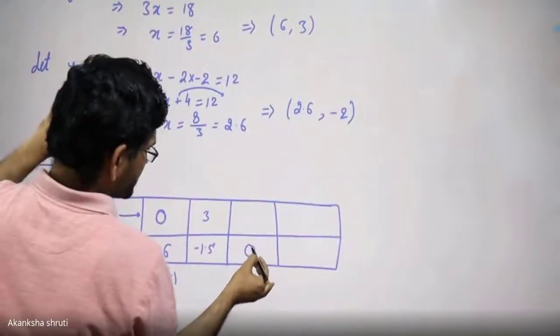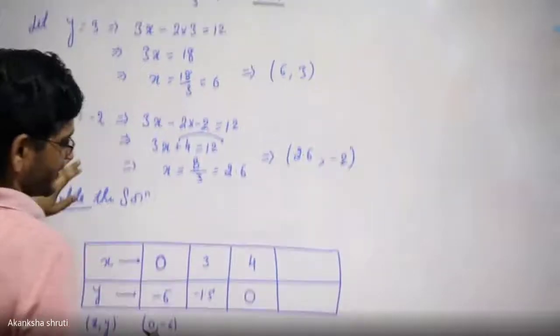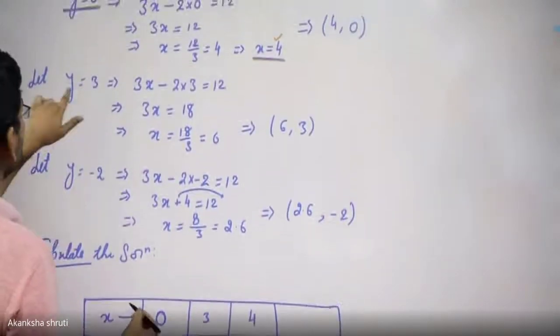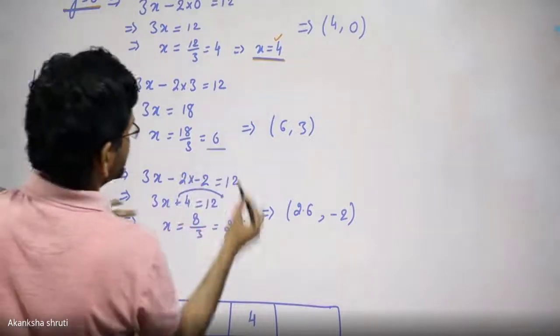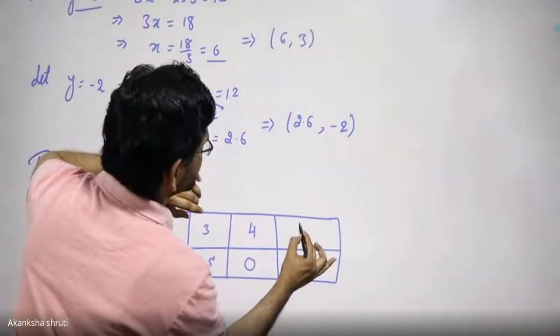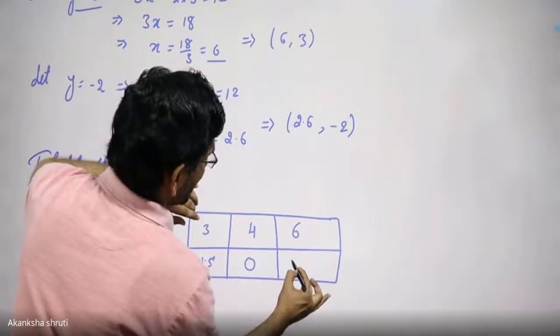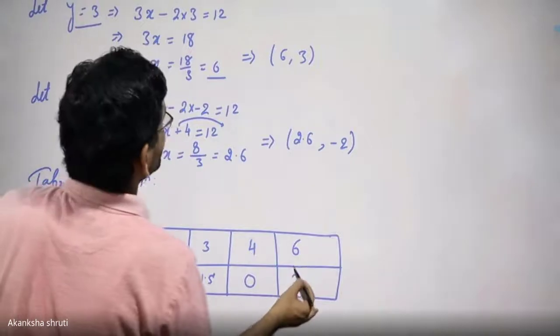So corresponding to this 0, put the 4 here. Okay, students? Even we had calculated 1 or 2 more. See, for y equal to 3, x was 6. Means 6, 3. So we may put this 6 here and y was 3. Though we have considered this y first.